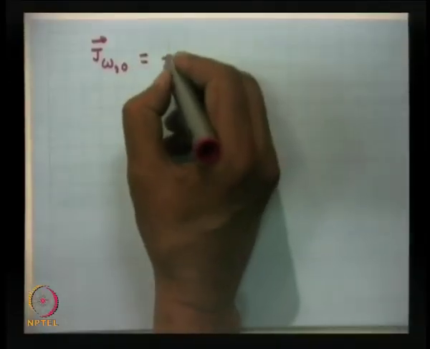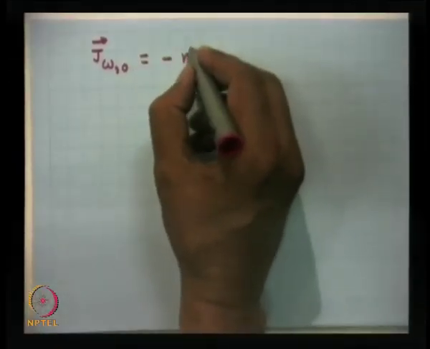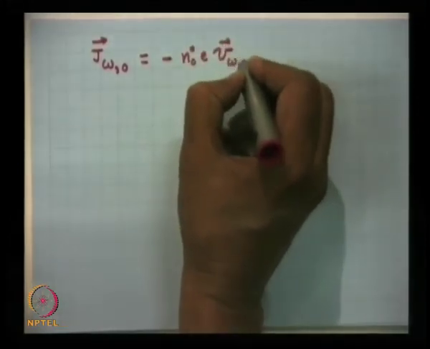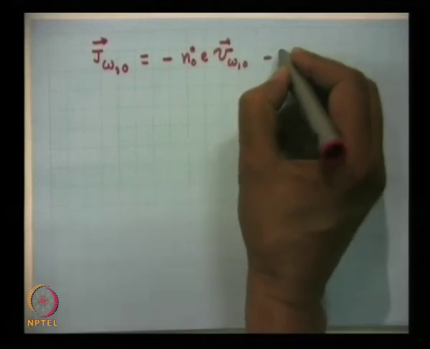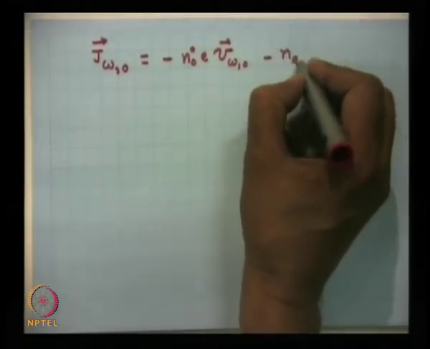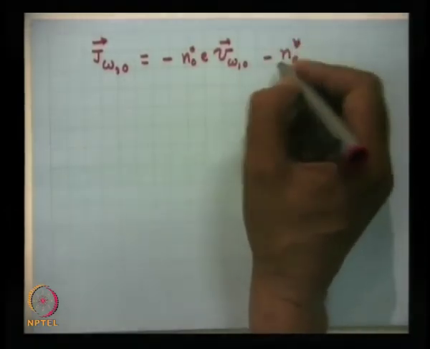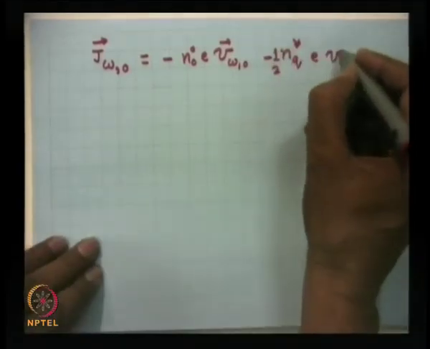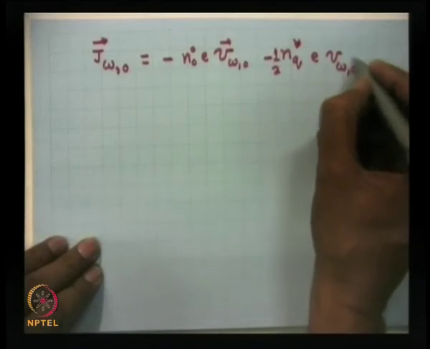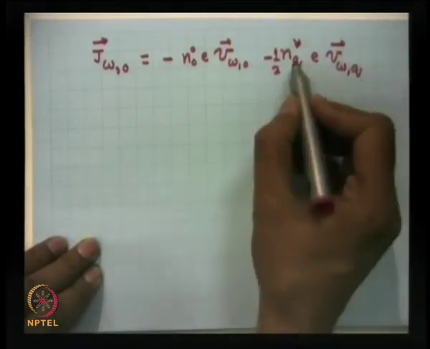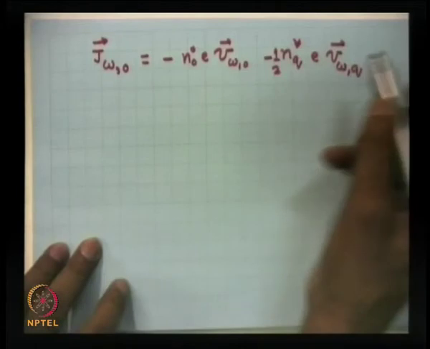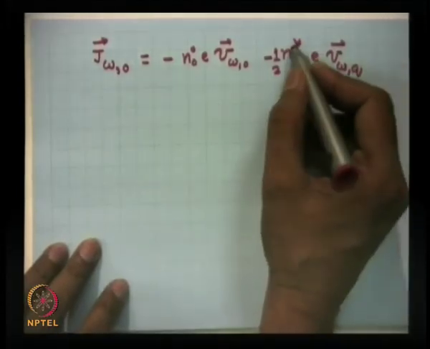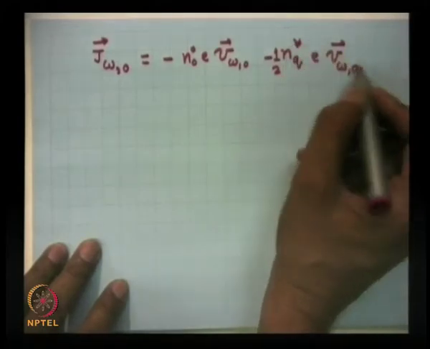There will be 2 terms. One is n00 e V at omega 0, and then there will be a term minus n q star, I have to take, because I want to cancel the omega q here, because when I put a complex conjugate here, then exponential i q z from here and exponential minus i q z from here, they will cancel each other.